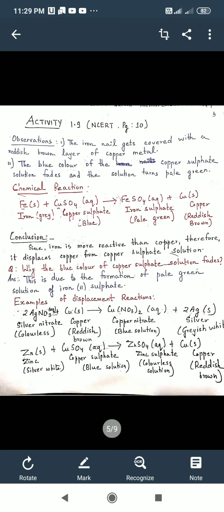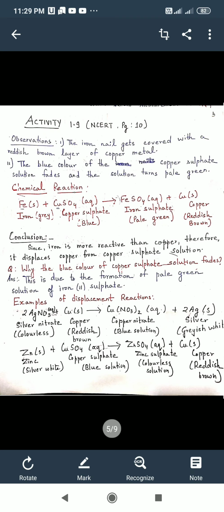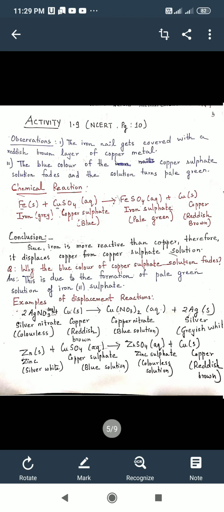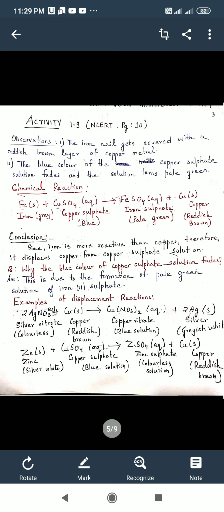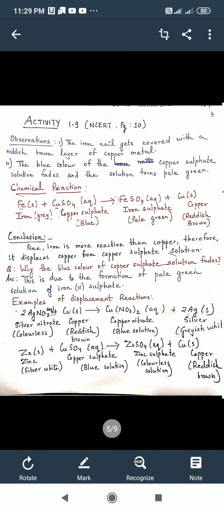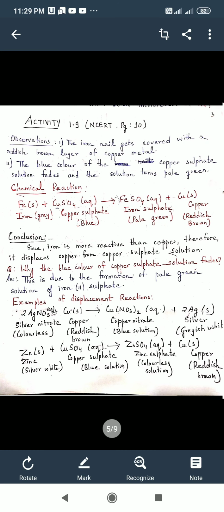Other examples of displacement reaction are shown below. In the first example, when copper is dipped in silver nitrate solution, the color changes to blue, because copper is more reactive than silver and displaces silver from its aqueous solution.